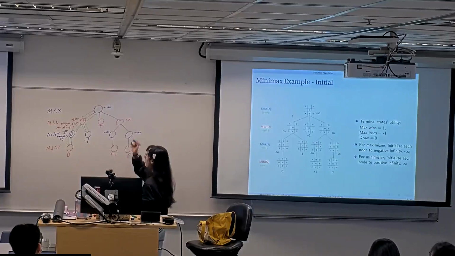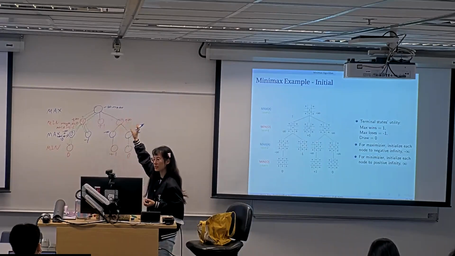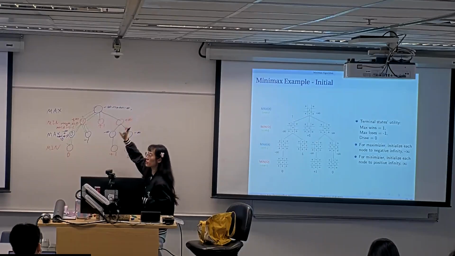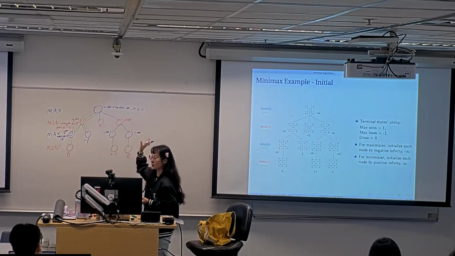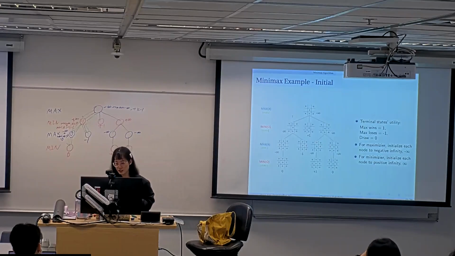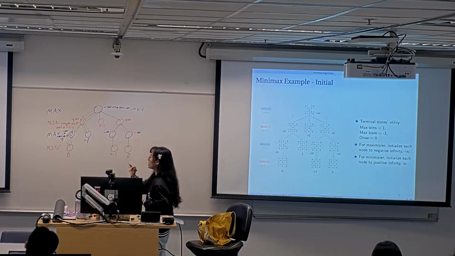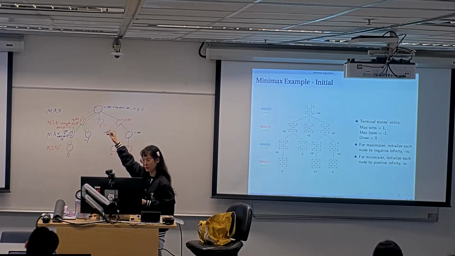So the parent max node will do the updating. It's a max node, so it should be updated between the old value -infinity and the new value it receives from its child, -1, which is -1. But we haven't finished yet. So there are some other branches for this node. So we continue the depth first search and go to the second branch.